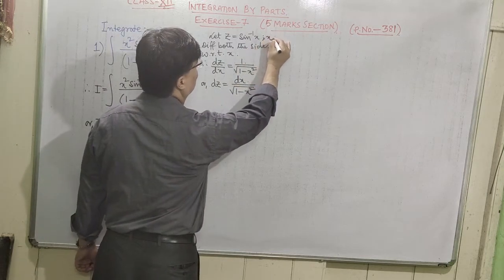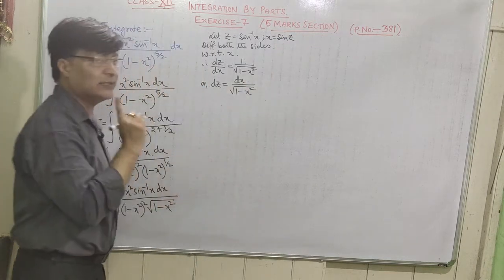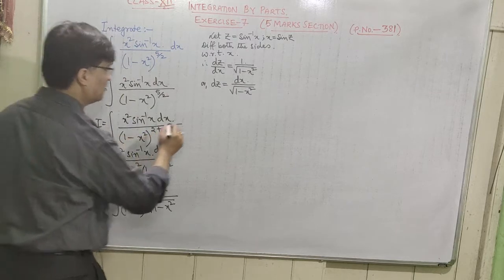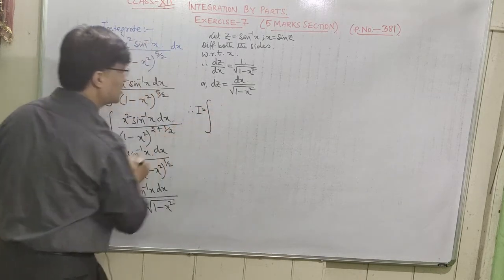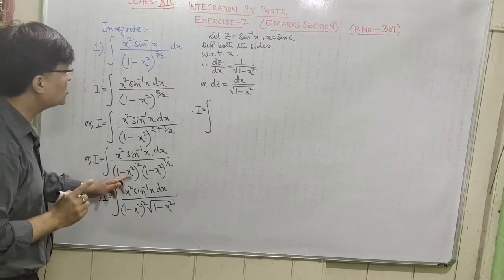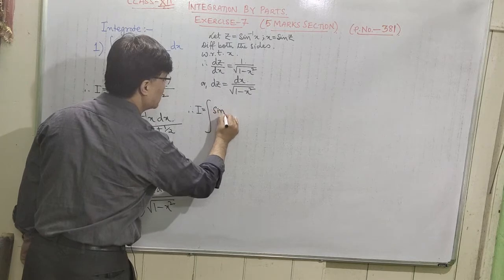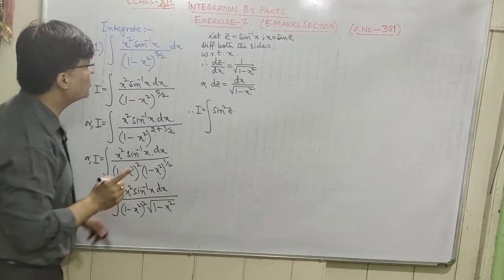So from here, what is the value for x? x is equal to sin z, isn't it? So now let us put these values in I. Therefore, I is equal to the integration of, what is x square? x square is sin square z, into, what is sin inverse x?